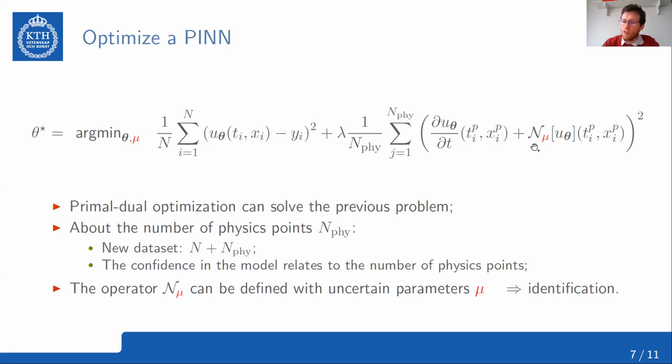And then you will try to find the best operator N. And this is identification. It's called identification in my field. That means that you're trying to find a model from measurements. And what you can do more is, once you have estimated your N function, you can even use it in reconstruction. And this is done at the same time.